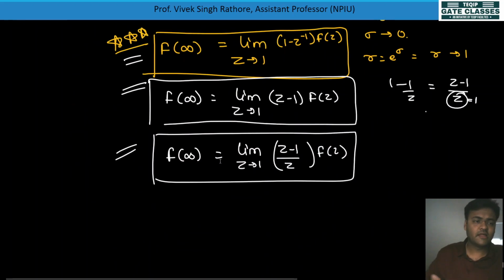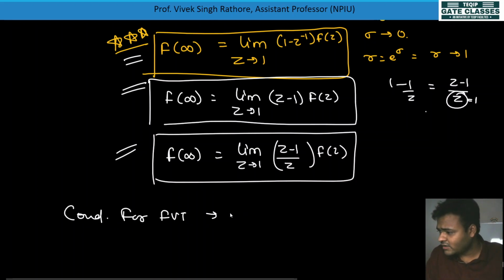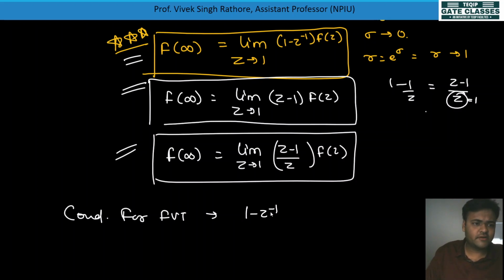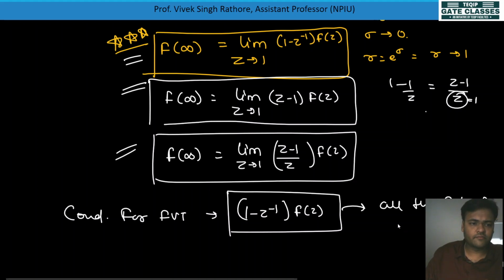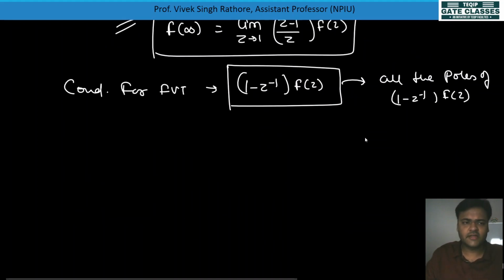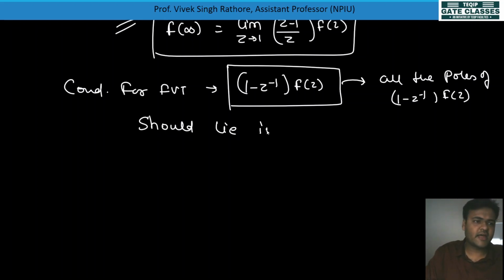Here, the condition for the final value theorem is that for (1 minus z inverse) into F of z, remember this whole multiplication, all the poles of 1 minus z inverse F of z should lie inside the unit circle.